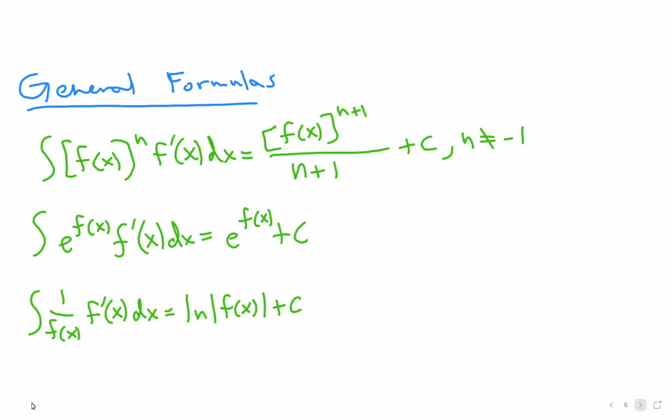But let's look at the general exponential formula using u substitution, or integration by substitution. That's the integral of e to the f of x times f prime of x dx, and the result will be e to the f of x plus c.